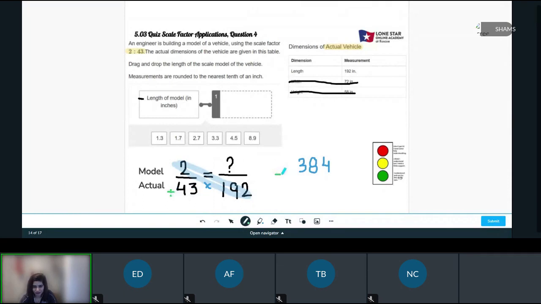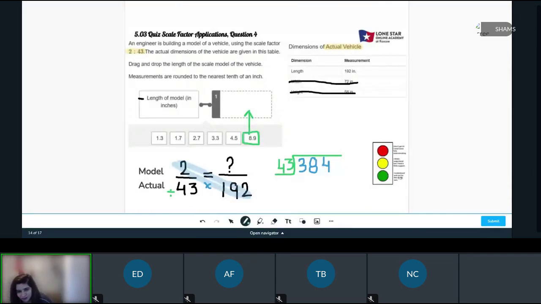Nina already divided before I wrote it down. That was very fast. And divide by 43. The answer is going to be 8.9-ish. Drag and drop.